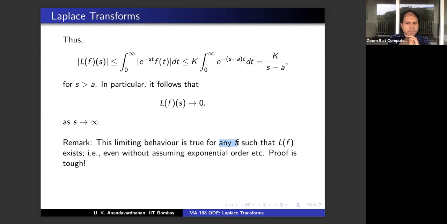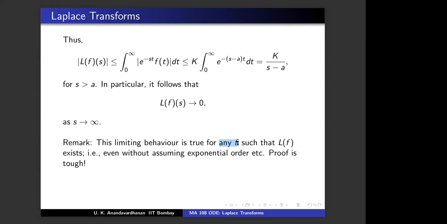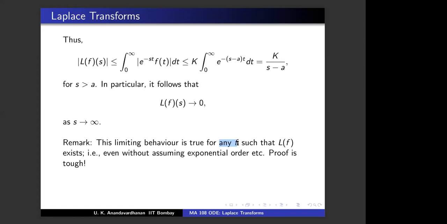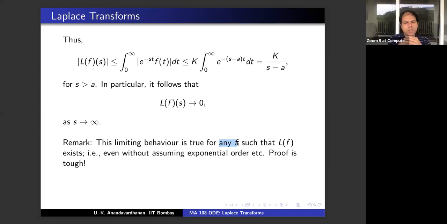It is a function defined on 0 to infinity, valued in R for us, but in your engineering course, it could be valued in C also. It may not matter. So the point is, it is a function. You know what a function is from your school. For any function such that LF exists, this is still true. The proof is tough. We will skip it.